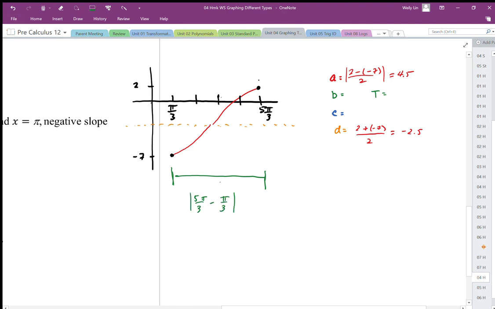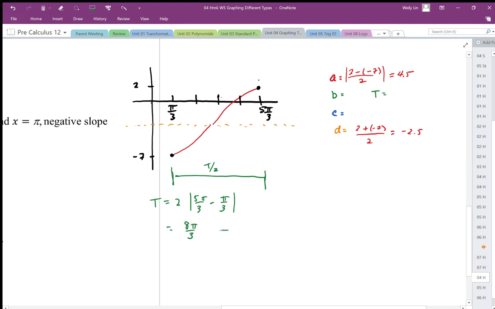We're going to double that length, and that's going to establish our period, since this is T over 2. This is 4π/3, times 2 is going to give us 8π/3 as our period.